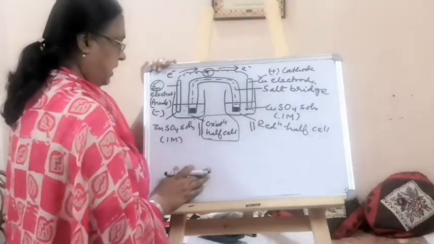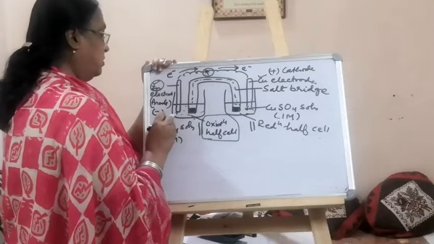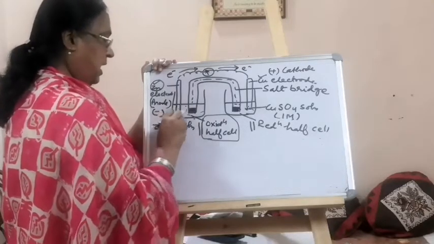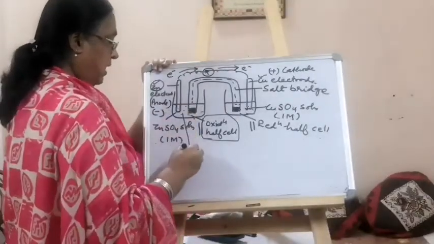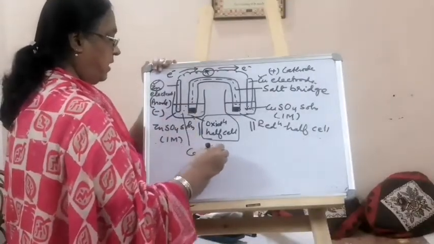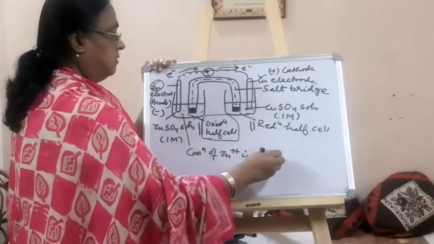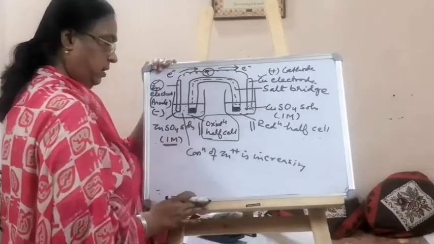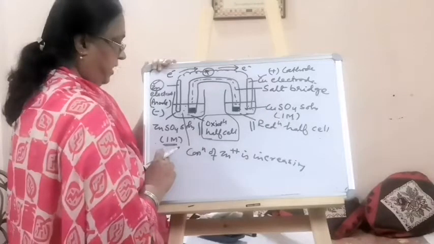Now see the next thing. When zinc atom is turned into zinc ion and comes into the solution, zinc ion is being added, so the concentration of zinc ion is increasing. You started with 1 molar, but now it will be more than 1 molar.